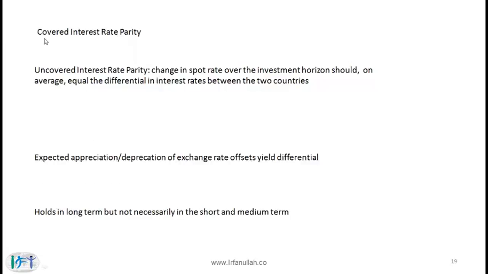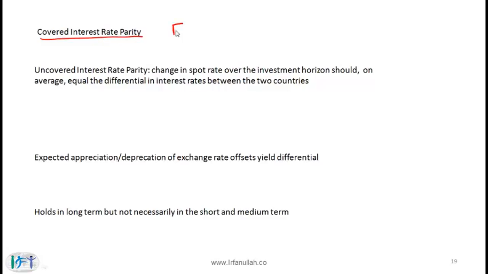Let's start briefly with covered interest rate parity. As we have seen before in section 2, the covered interest rate parity relationship essentially allows us to determine the forward rate.